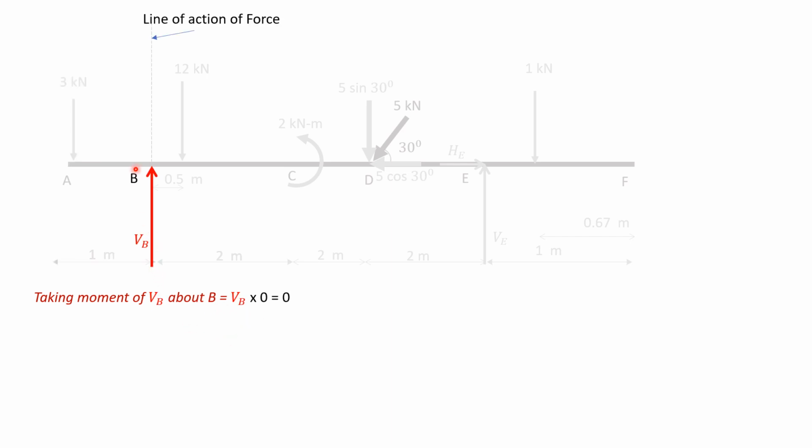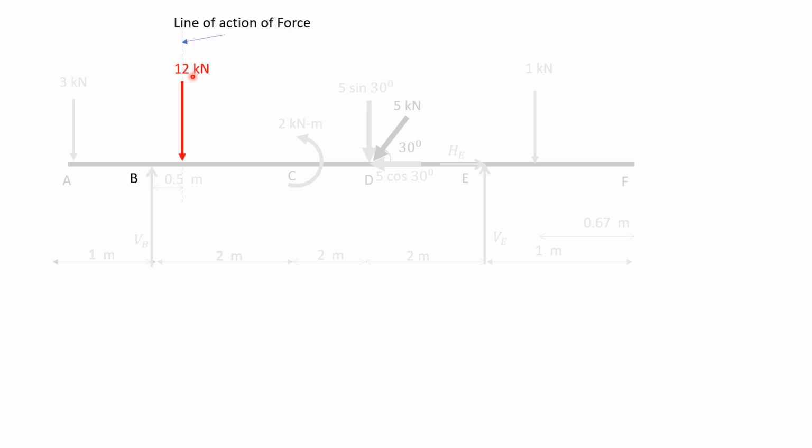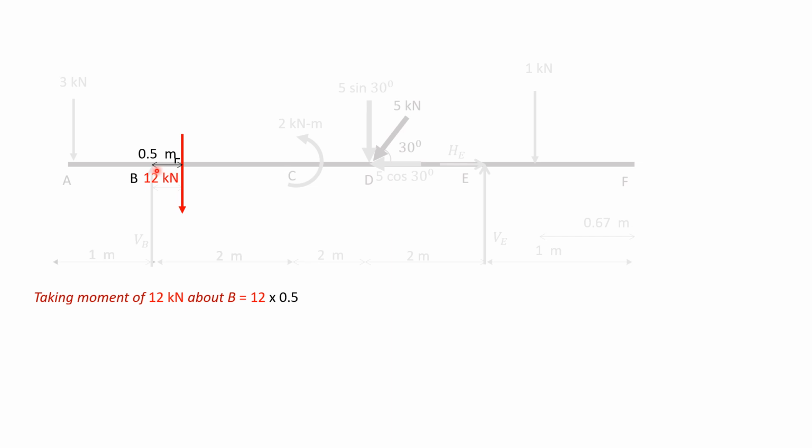Moment of VB about B will be 0 because it passes through point B. Moment of 12 kilonewton about B will be 12 into 0.5, perpendicular distance of 0.5 meters, and it rotates about point B clockwise.